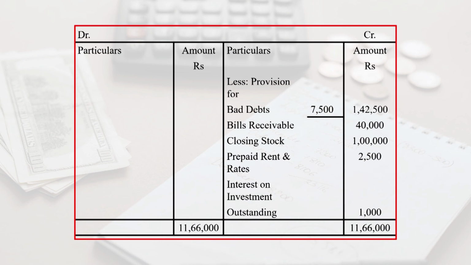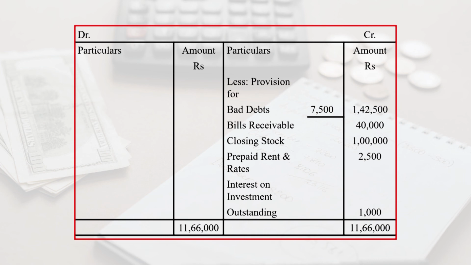First is further bad debts, second one is new provision. Only these two things are subtracted, and if provision for discount on debtors is also given, then this provision for discount on debtors will also be deducted.